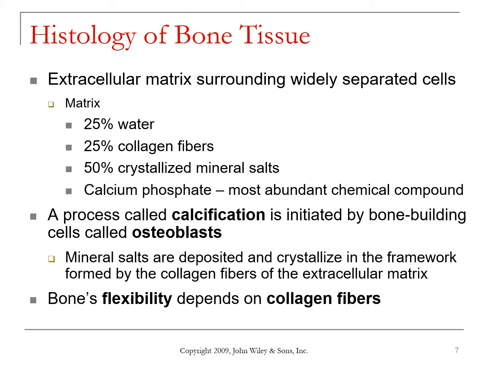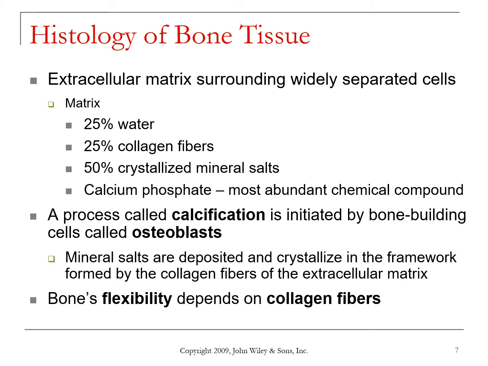The collagen fibers also create a meshwork or a framework within the bone tissue for the deposition of the crystallized minerals. So the extracellular matrix contains deposits of calcium phosphate as well as another mineral salt called calcium hydroxide, and they form crystals called hydroxyapatite, and these are deposited on the collagen fibers and create the extracellular matrix.